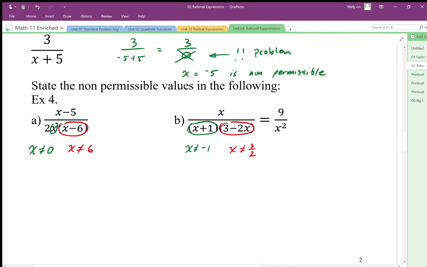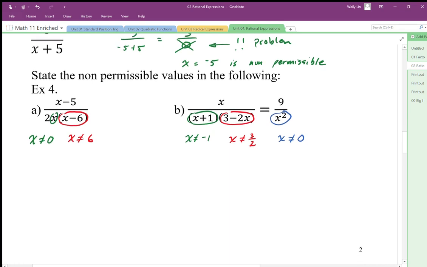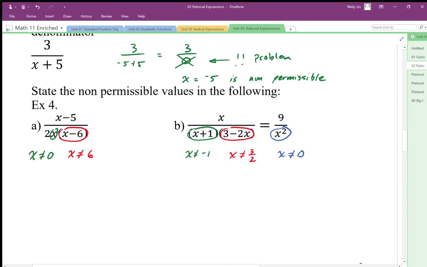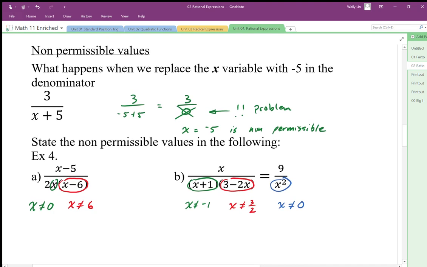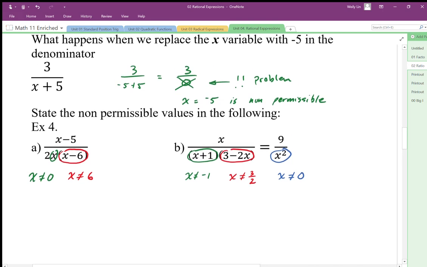And the last one here, if x is equal to 0, this is an easy one. 0 squared is 0, non-permissible. We have to have that as a restriction. So these are restricted values, and it's happening because we cannot divide by 0. Okay, we run into real big math problems when we start dividing by 0.